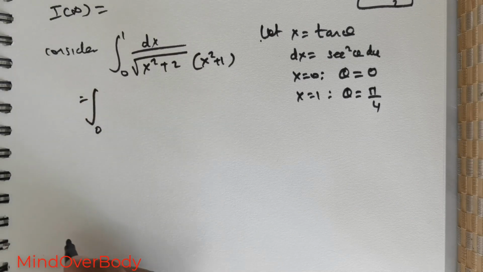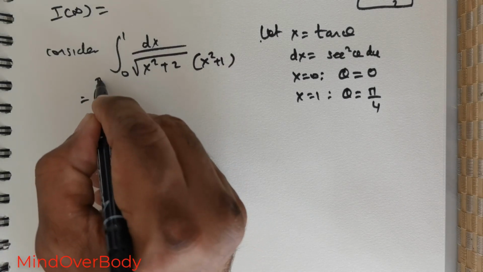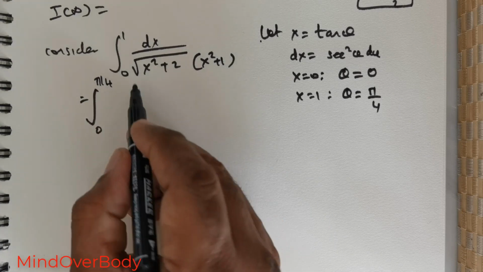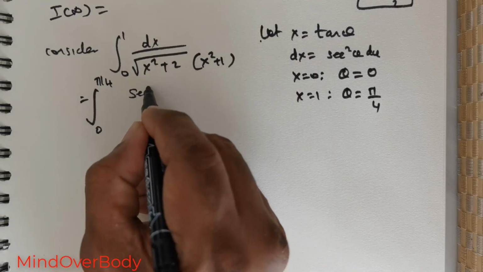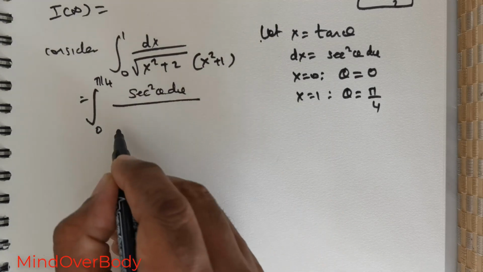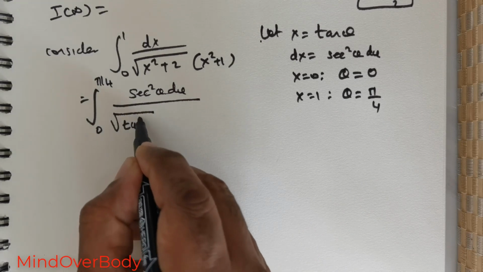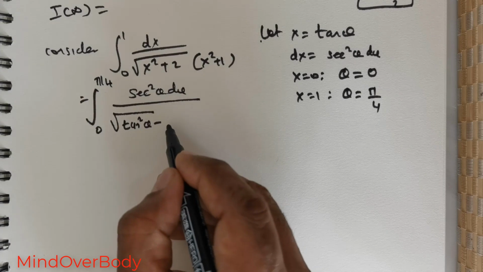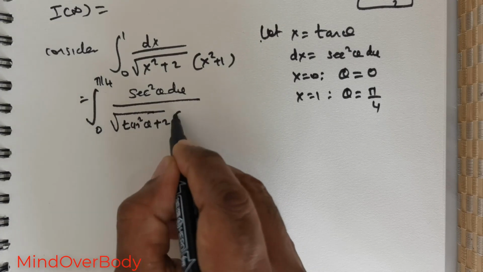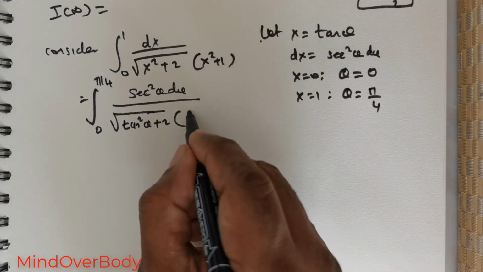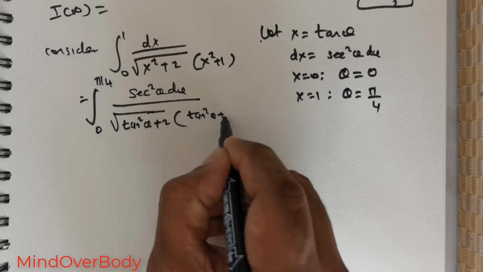So 0 to pi over 4, and my dx is secant squared theta d theta divided by root of my x is tan squared theta, and I have to have a 2 there, times x is tan squared theta plus 1.